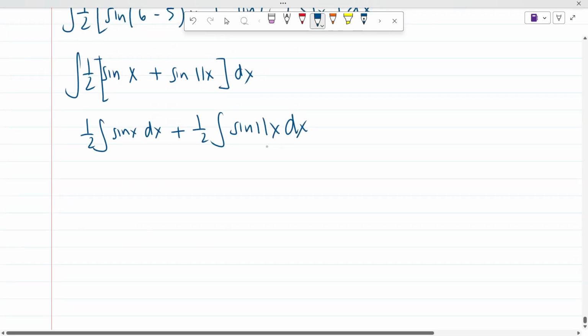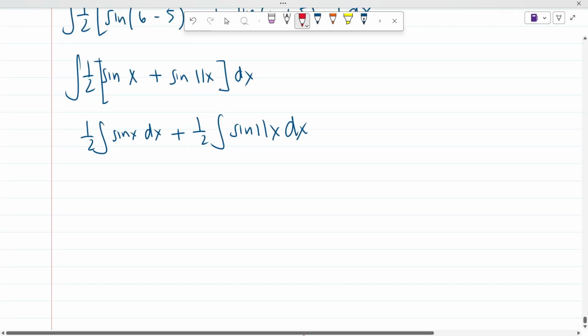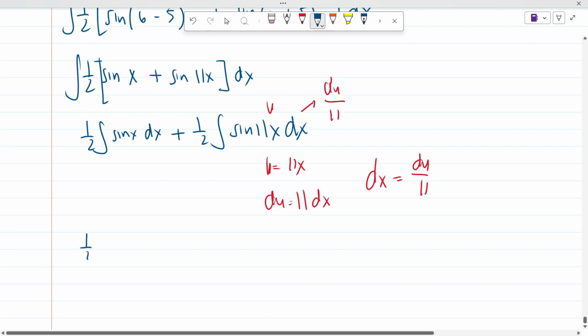Get it? So next, u is 11x, while the derivative of this is 11 dx, so dx is equal to du over 11. So 1 half the integral of sine of x dx plus 1 half the integral of sine of u du over 11.